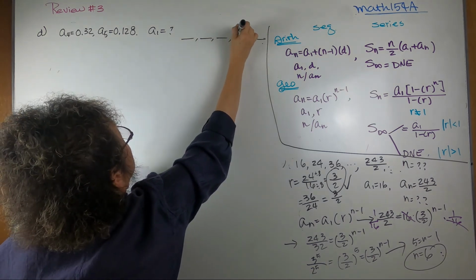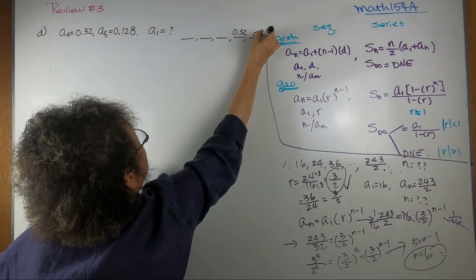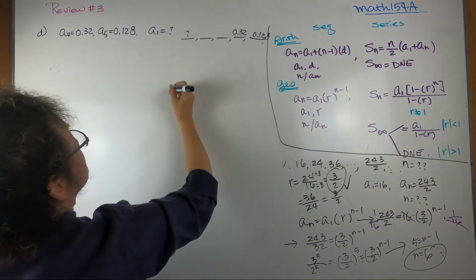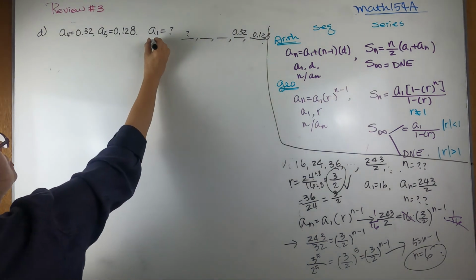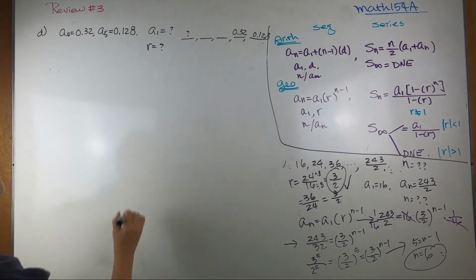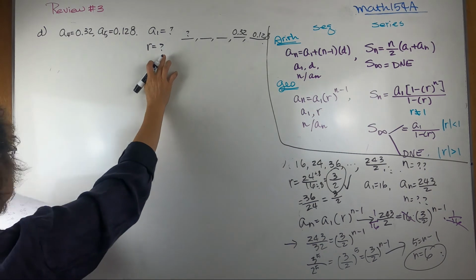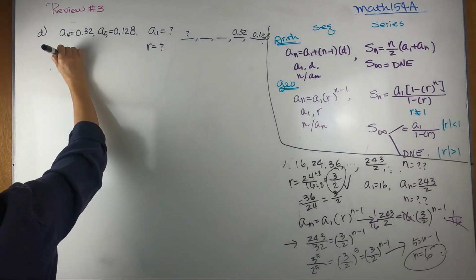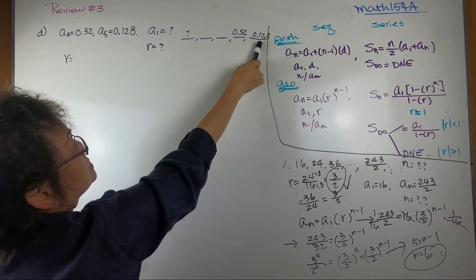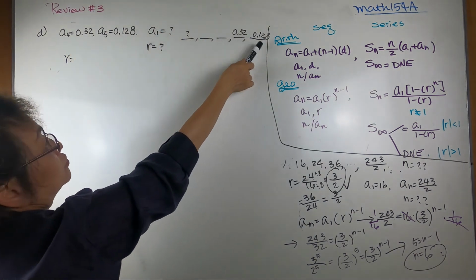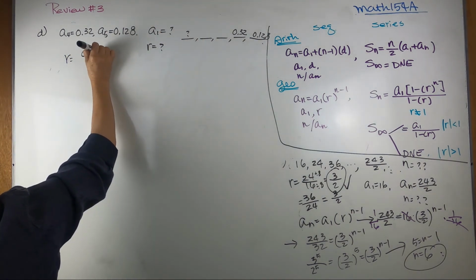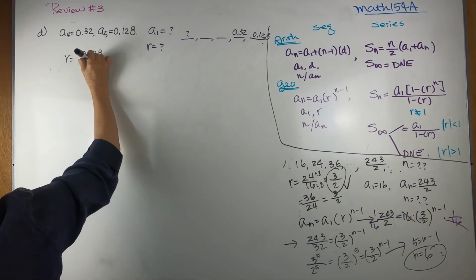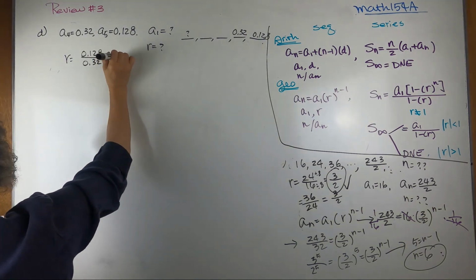The fourth one is this one, the fifth one is this, but we don't know A1. Do we know R? No, we don't know that either. But it tells you it is a geometric sequence, so we should be able to find R, because you multiply the 4th by R to get the 5th. So you do division. Then you get 0.4.